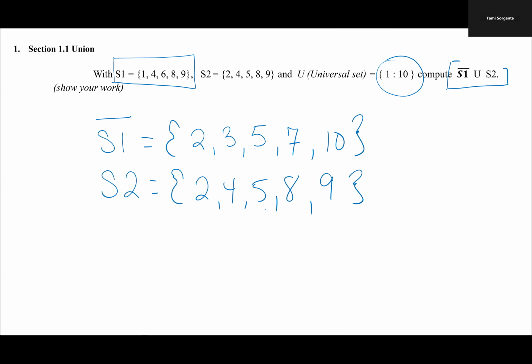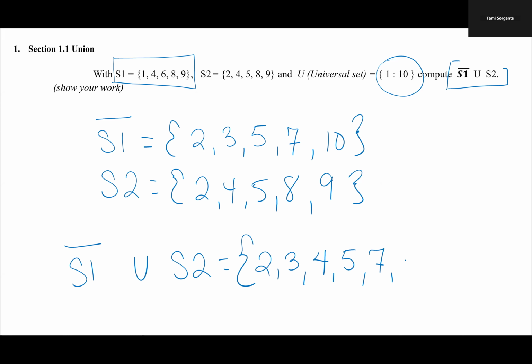So to compute the union of the complement of S1 with S2, that's going to include everything that is in this set and also in this set. So we have 2, 3, 4, 5, 7, 8, 9, and 10.